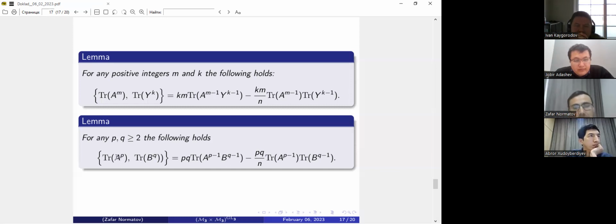So this gives 0, 0. But if you take p and q as 0, this gives the identity, right? So there is no word. That's why we just take 0.